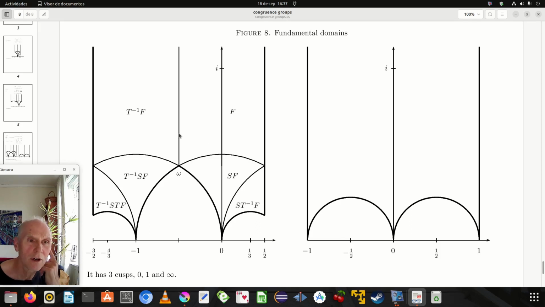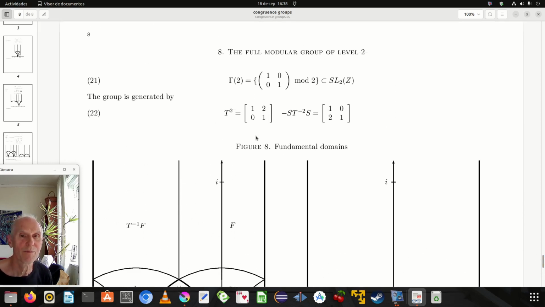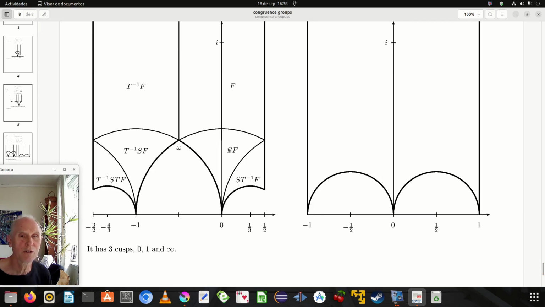I just missed that. S neither lies in it. I just have to check. Yeah. It's generated by T squared, so T squared lies in it, and S doesn't, and T doesn't. So it seems that my argument is sound.